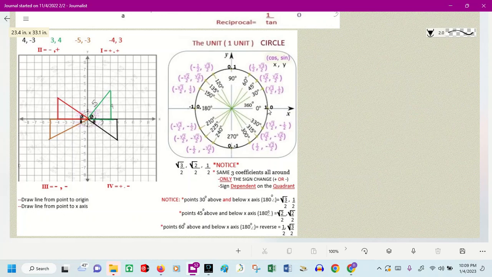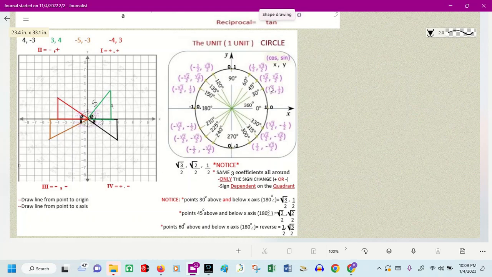Okay? With that being said, if you took your compass, put it right on the origin there, and drew a line from the origin to the 30-degree angle up till it touched that circle point, it would hit that circle point right there. And if you took a line and went straight down to the x-axis, it would hit the x-axis right at 0.87.